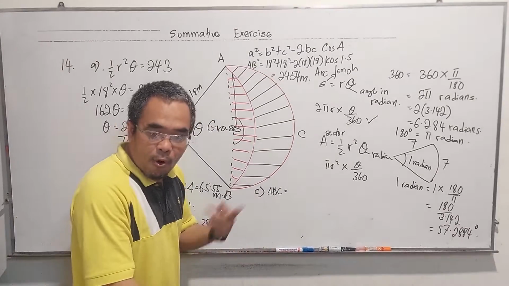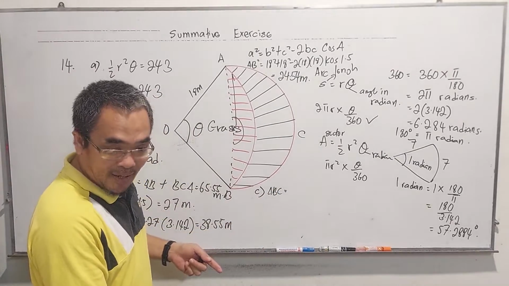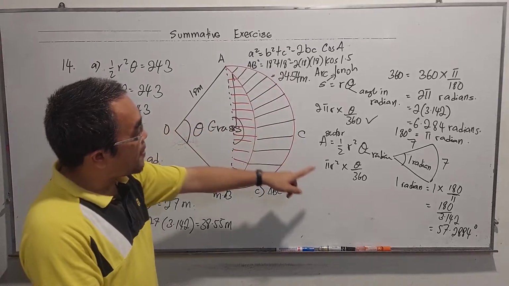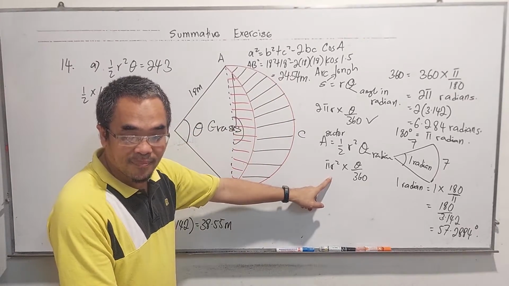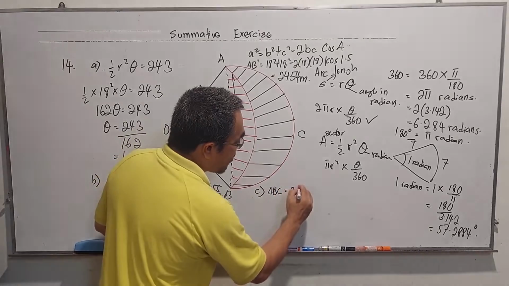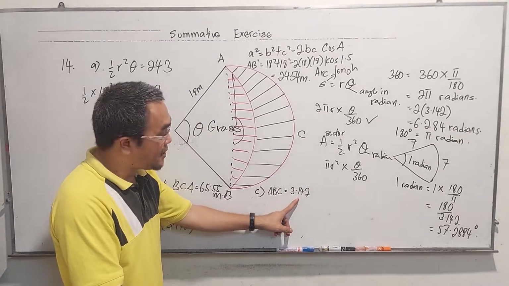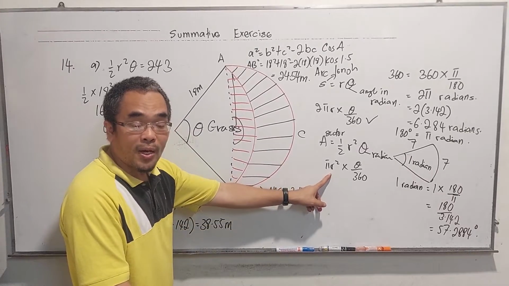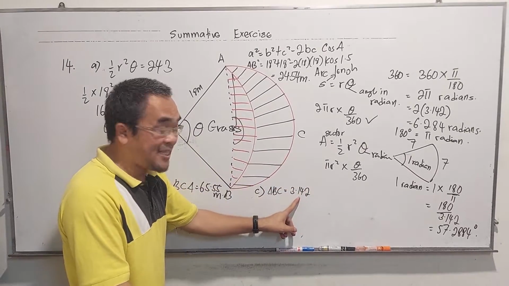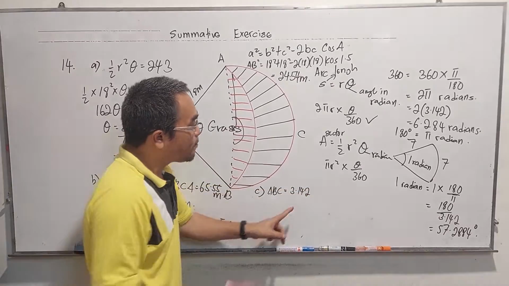Can we use the maths formula? Yes. What is the formula? Pi r squared. But pi right now is 3.142, the closer value.